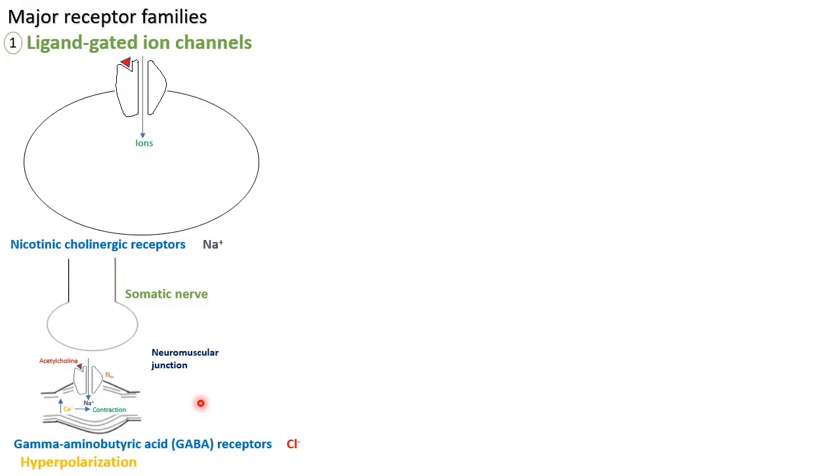So by this mechanism, we have inhibition of the cell. Our cell is somehow inhibited by this hyperpolarization. So for ligand-gated ion channels, or the type 1 receptor family, we have nicotinic cholinergic receptors, which are sodium channels, and we have gamma aminobutyric acid or GABA receptors as chloride channels.